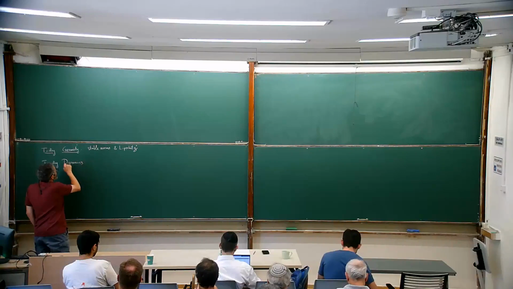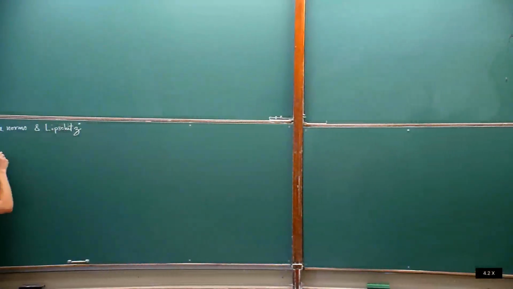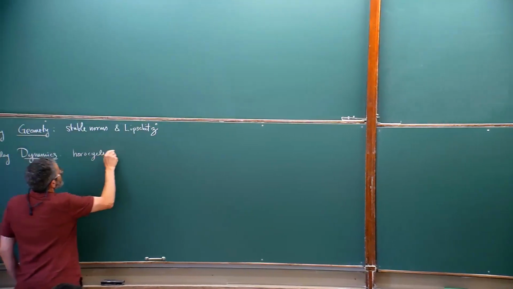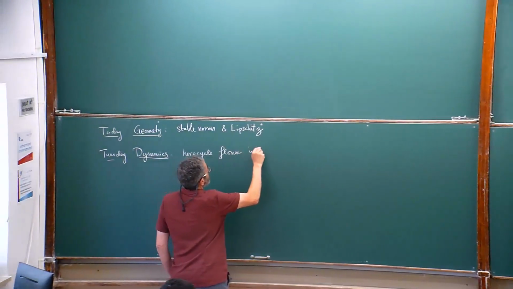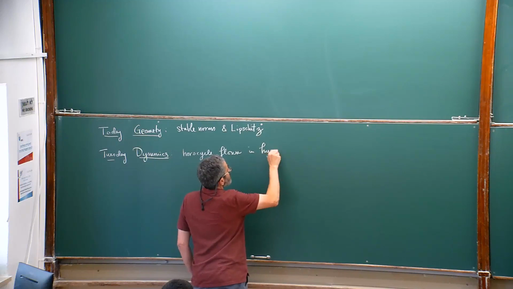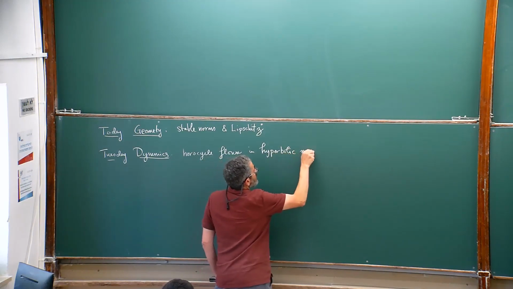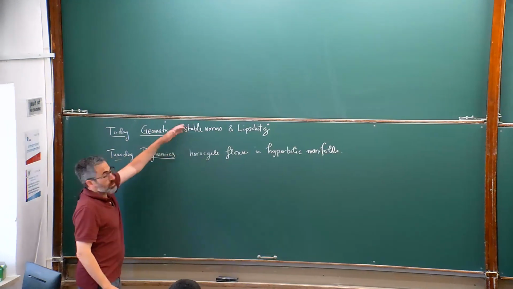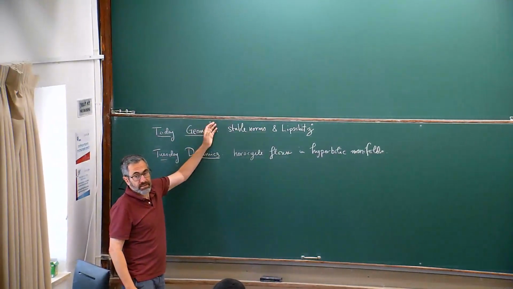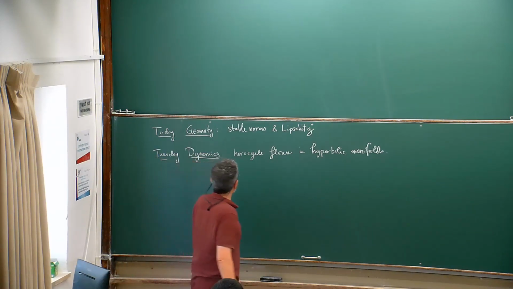The dynamics part will be on Tuesday, and it will be about horocycle flows in certain kinds of hyperbolic measures. So if you're not sure why I'm bothering with the things I'll talk about today, the answer will be on Tuesday.